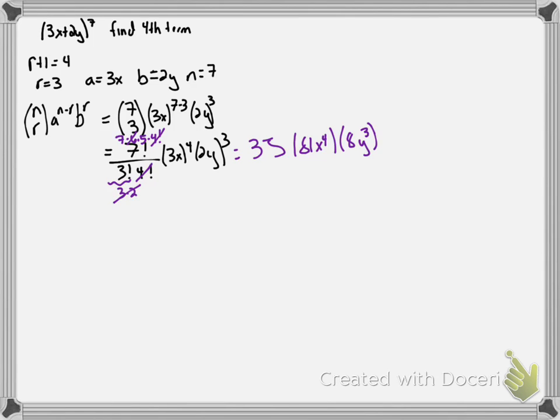Okay, I'm going to multiply our coefficients: 81 times 35 times 8. So 22,680 x to the 4th, y to the 3rd is our final answer. Okay, so try these out tonight for homework, and we will continue on tomorrow.